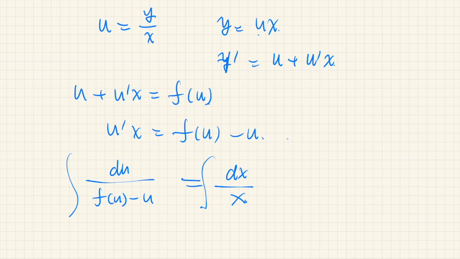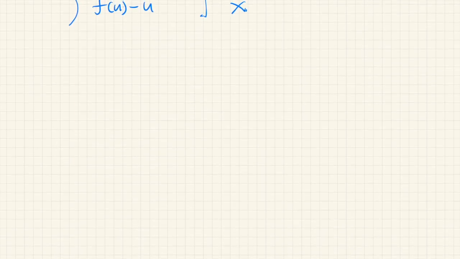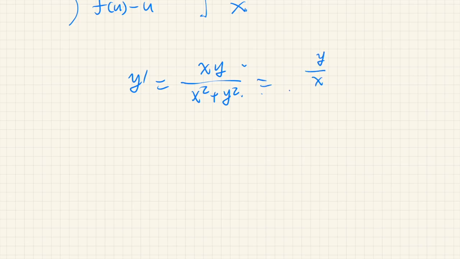So let's see an example. Consider this differential equation. y prime is equal to xy over x squared plus y squared. At first sight, this doesn't look like a separable differential equation, but if we divide both numerator and denominator by x squared, we have y over x over 1 plus (y over x) squared.